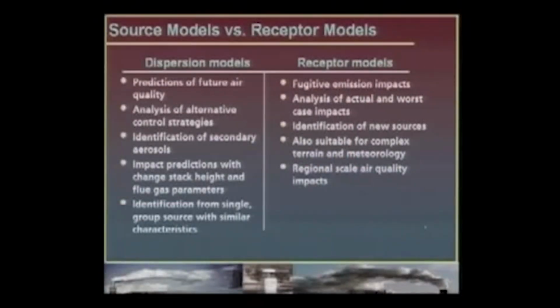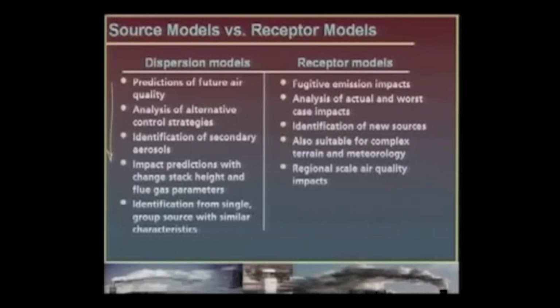This slide quickly shows you the difference between the dispersion model and the receptor model. For the dispersion model, the prediction of future air quality is possible. Analysis of alternative control strategies is possible. Identification of secondary aerosols is possible by employing atmospheric chemistry.